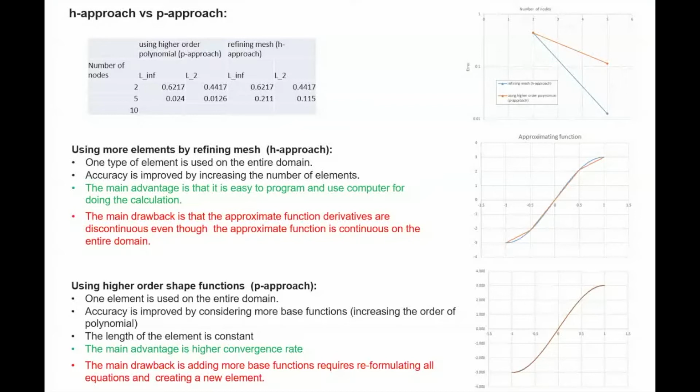So obviously, this method is not best for computers because we can't reuse the elements every time. So the advantage is higher accuracy. The disadvantage is requiring the formulation again and again for every configuration. So which method is better to be used in computer programs? The H approach, in which 1 element is made once and then it is reused, is best for computer programs.